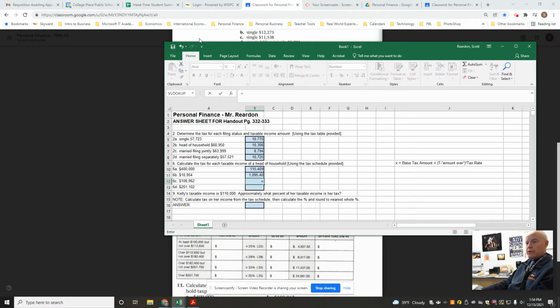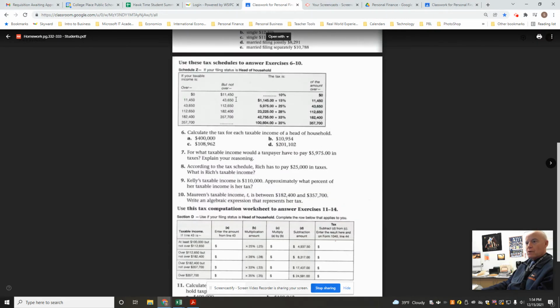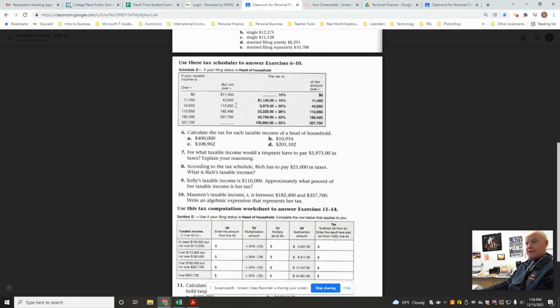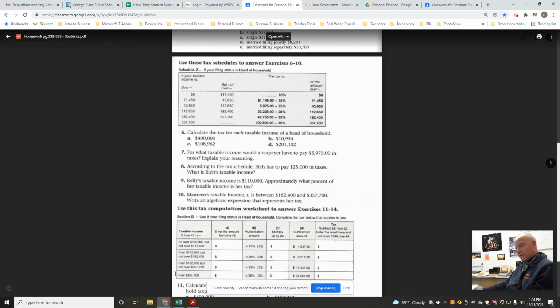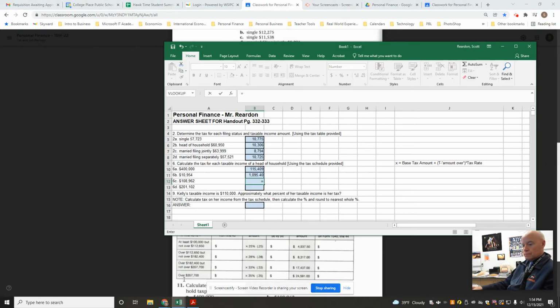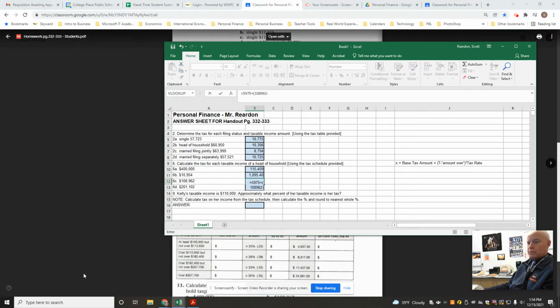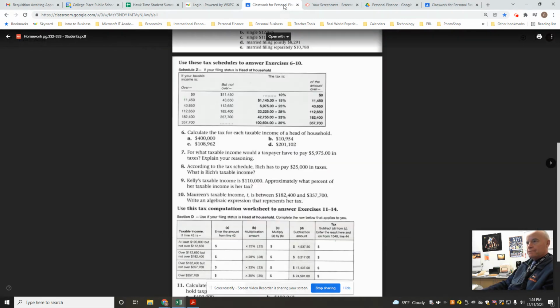Next, 108,962. I'm going to start building my formula here. Which interval am I in? I'm in the third interval. My base tax amount is 5,975 plus (108,962 minus, notice I put a parenthesis in there, minus my amount over.